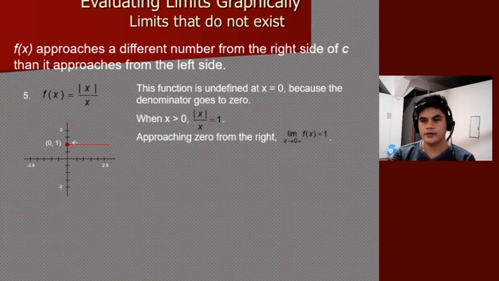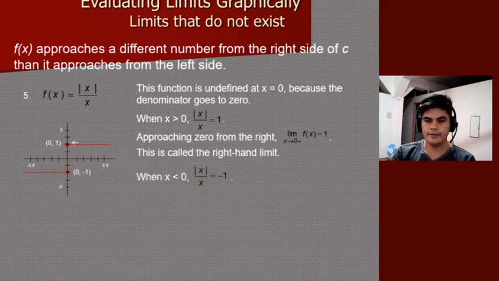Approaching 0 from the right, the limit of f(x) is equal to 1 as x approaches 0. As x approaches 0 from the right, we have 1. This is called the right-hand limit.